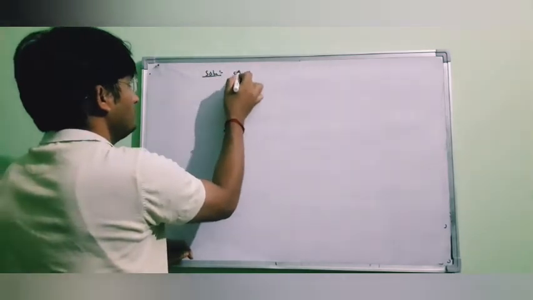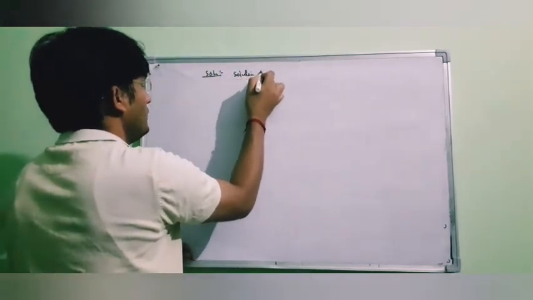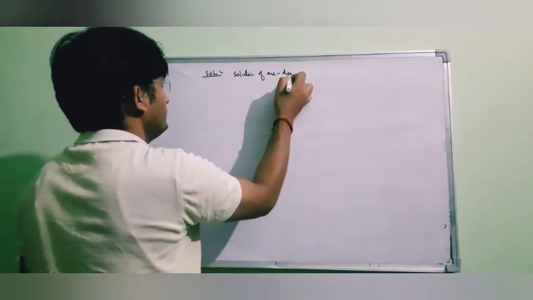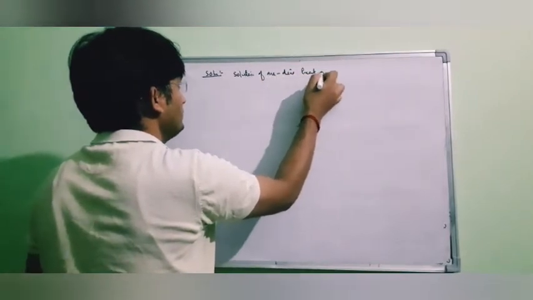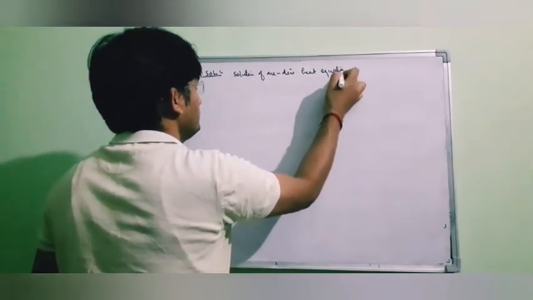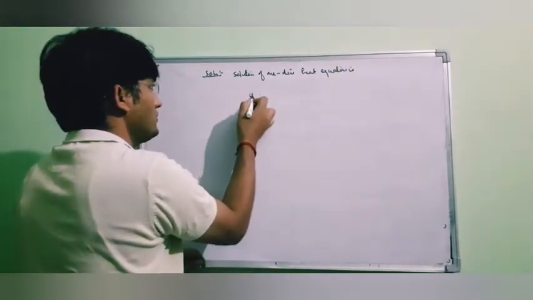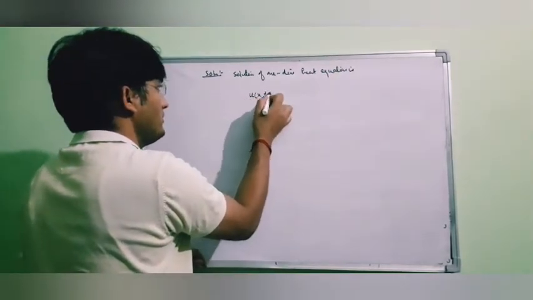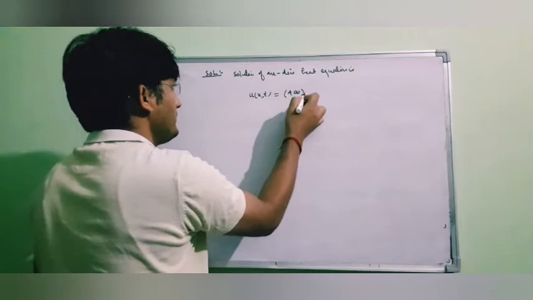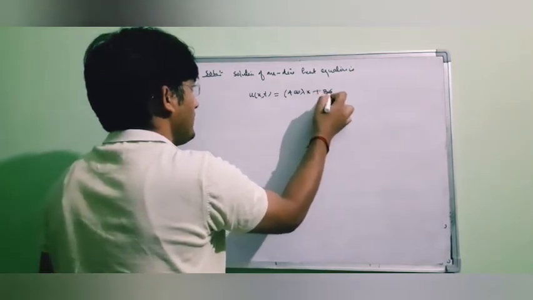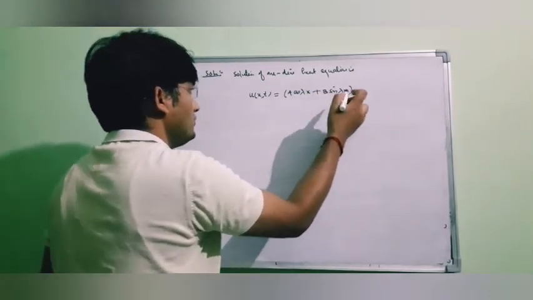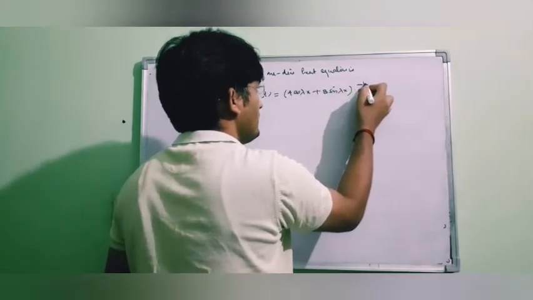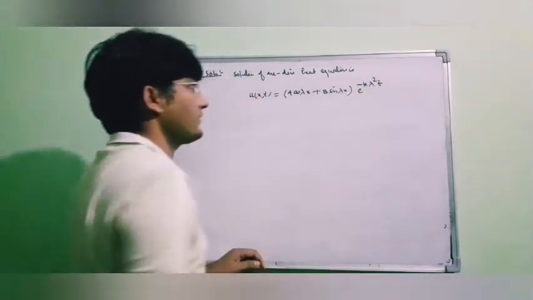The solution of the one-dimensional heat equation is (A cos lambda x plus B sin lambda x) into e power minus k lambda square t.